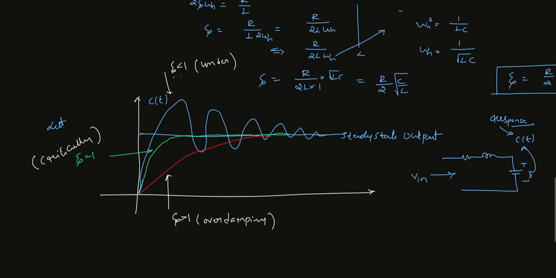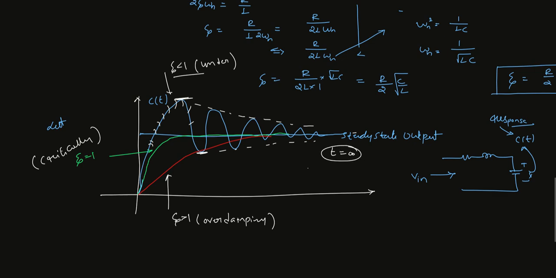In the case of an under damped system, like this blue waveform, you can see at the starting the output rises to a maximum value and again falls back to a minimum value. Again it is rising and falling, but continuously decreasing, and we are sure to get the steady state at t equal to infinity.